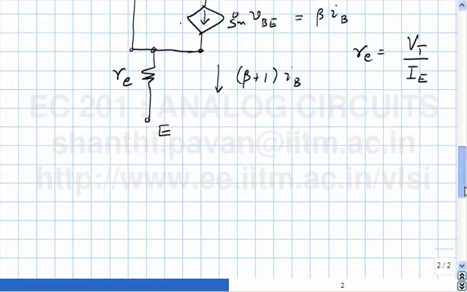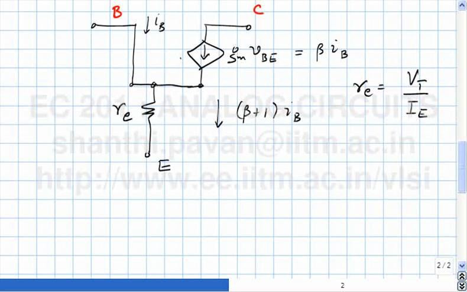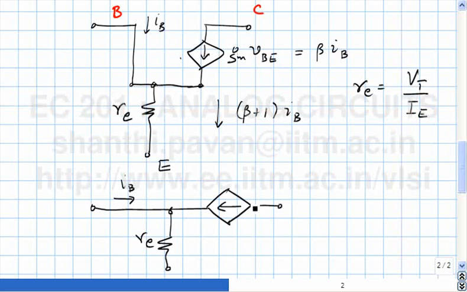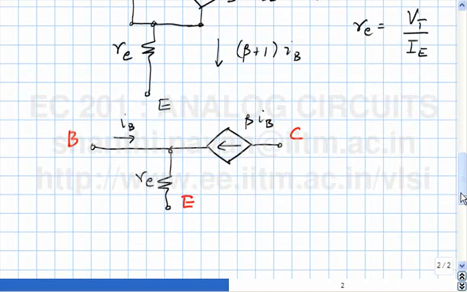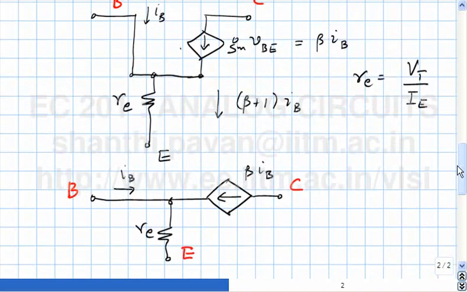So if I redraw it in a slightly different way, you can see that this is exactly equivalent to the hybrid pi model.